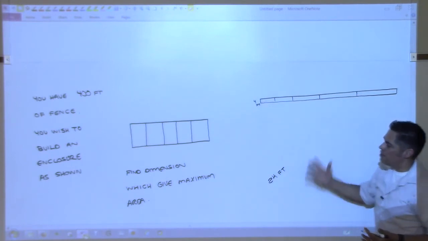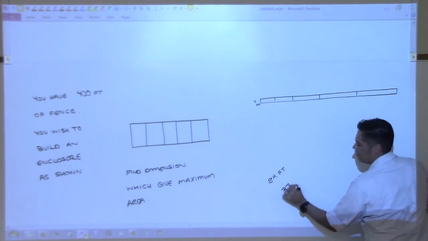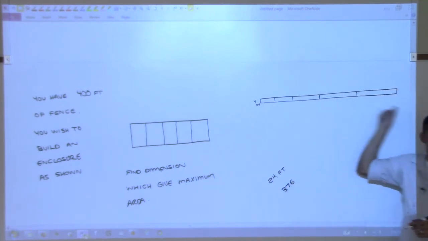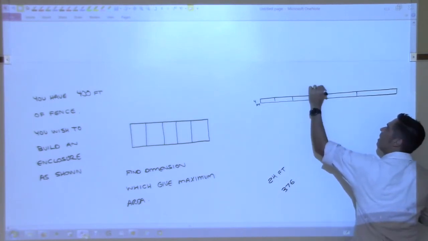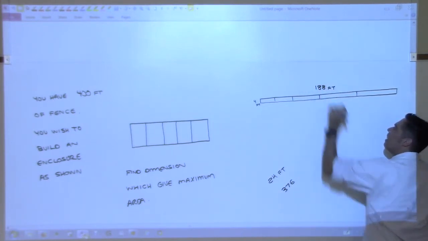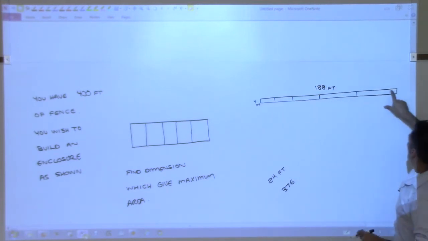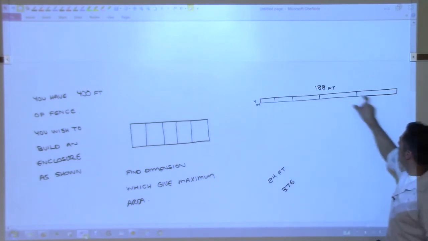So that leaves me how much fence left over? 376, right? Which I need to use for that side and this side. So what's 376 divided by 2? 188. So I make this 188 feet, and that will use all 400 feet. Does that make sense? 188 to build this side, 188 to build this side, and 4 for each of the six sections.